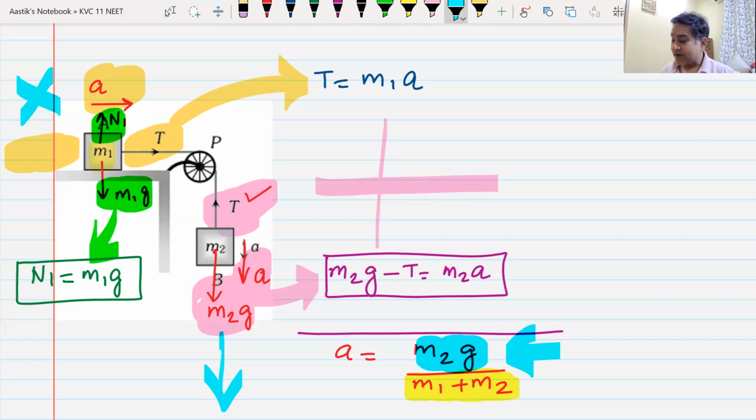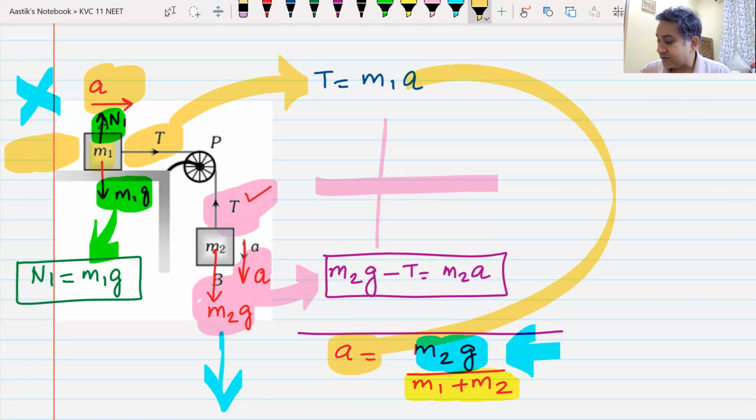Once you get the value of acceleration, my dear friends, you can put the value of acceleration in this equation and you will get the value of tension. The value of acceleration is coming as M2G upon M1 plus M2.